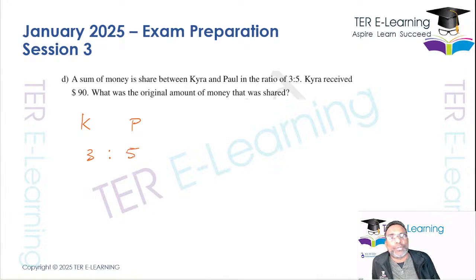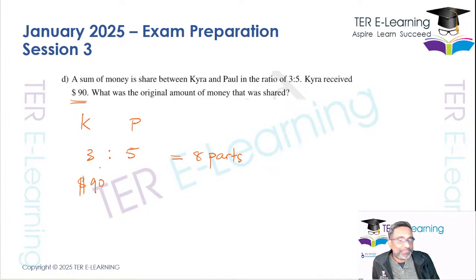That means we have a total of 8 equal parts. So the whole is actually 8 equal parts here. But you know what Kyra's share is. Her share is $90. So this here is $90.